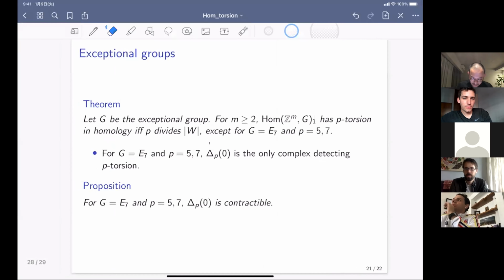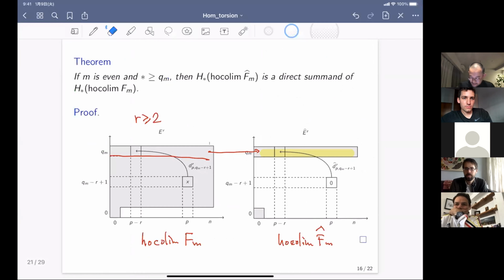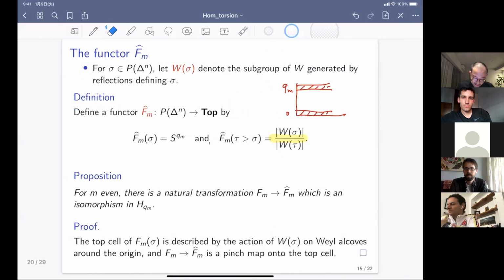Actually, the homology of delta pk is a part of this top line, and this top line is trivial in rational coefficients because its homology is computed using the differential for the homology of delta n and this map.